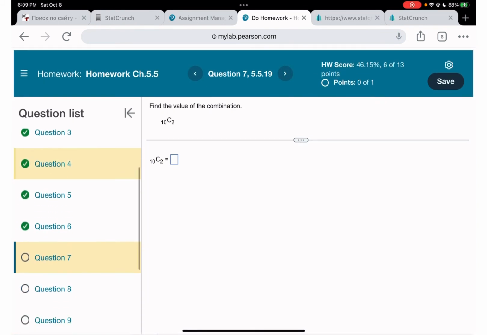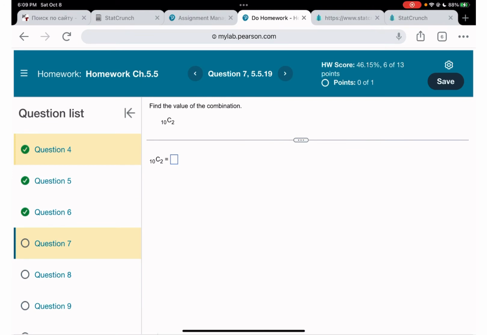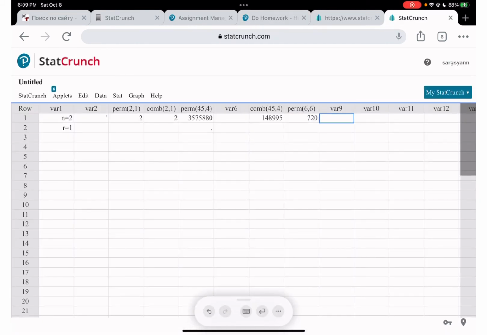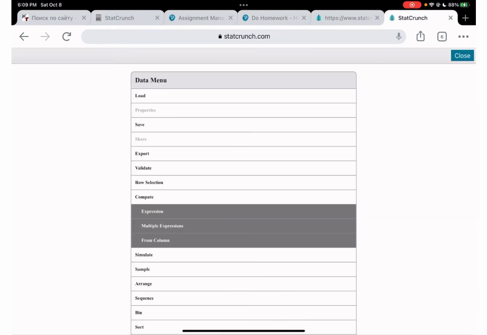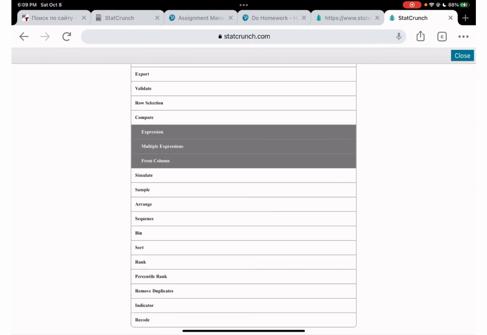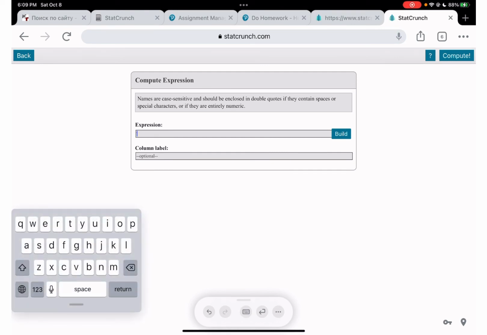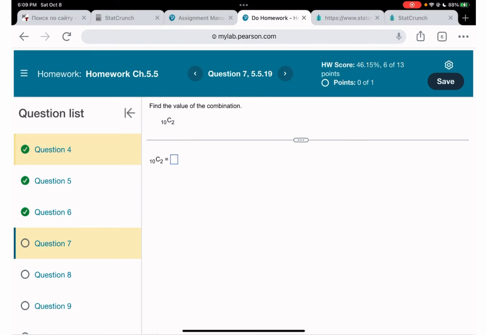Let me do this one also, and then if it's repeating, I won't do it anymore. So combination 2 out of 10. Compute obviously, and then expression. COMB, was it 2 out of 6? Out of 10, okay.